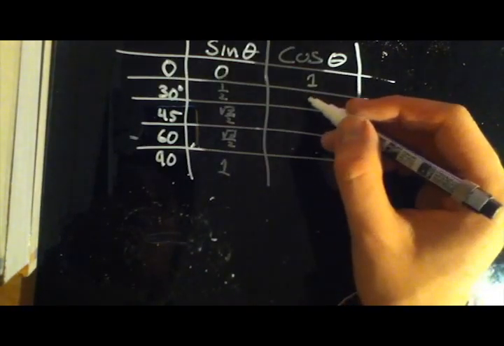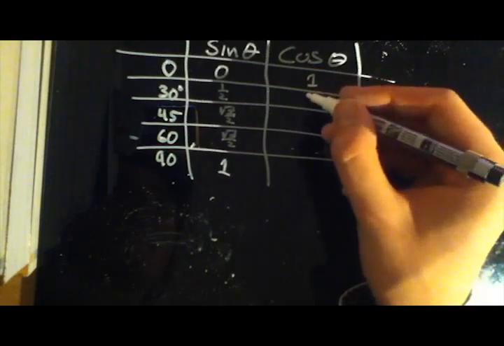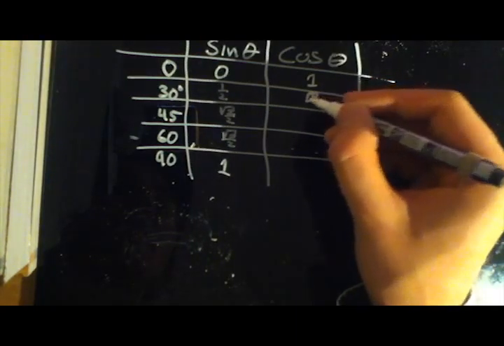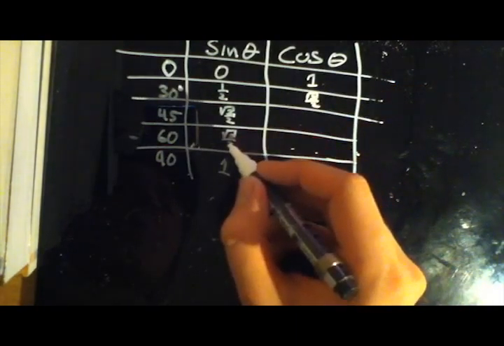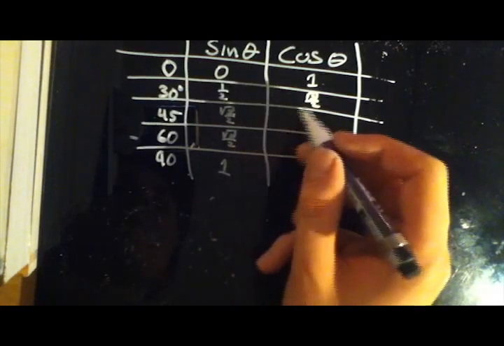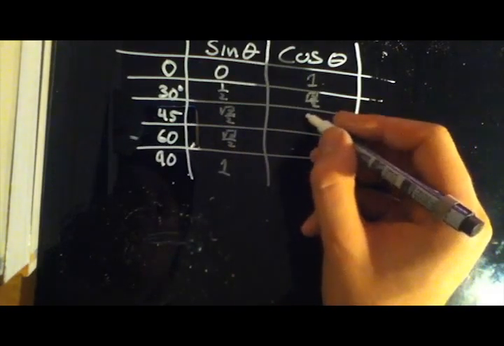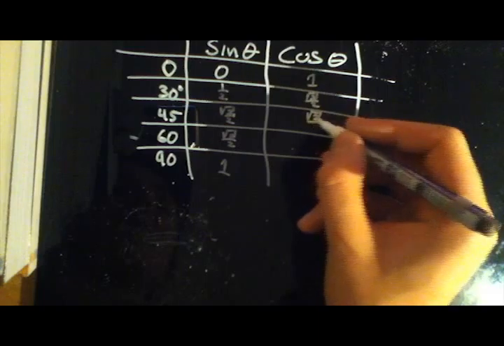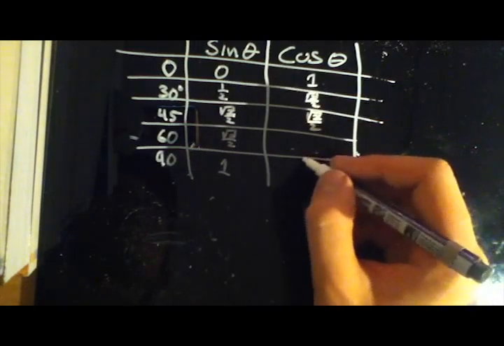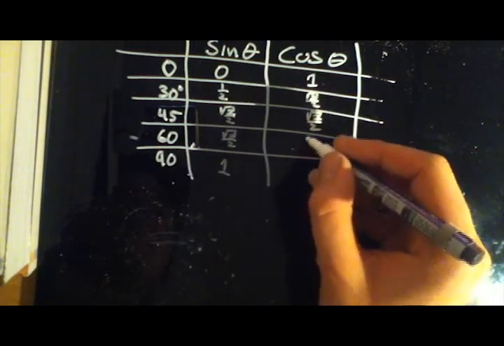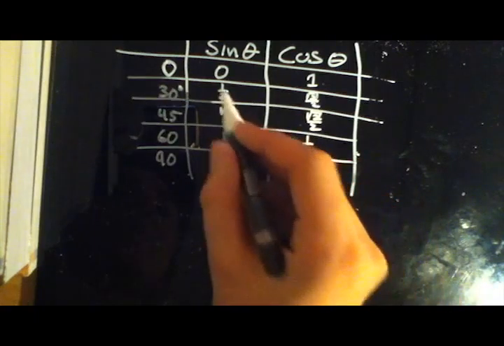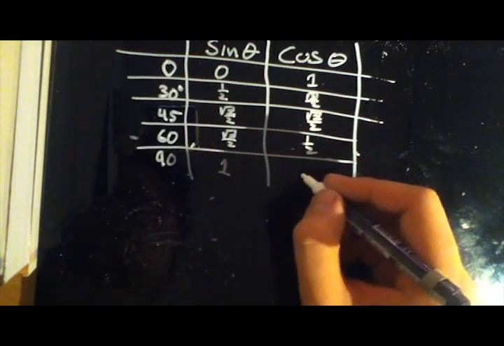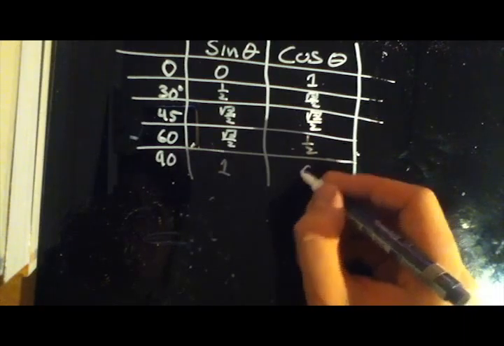Well, maybe it's a coincidence. What's cosine of 30 degrees? That's the square root of 3 over 2. Wait, hold on. There's a similarity here. What's cosine of 45? That's square root of 2 over 2. What's cosine of 60? That's 1/2, pretty similar to 30 degrees. And cosine of 90 is 0.